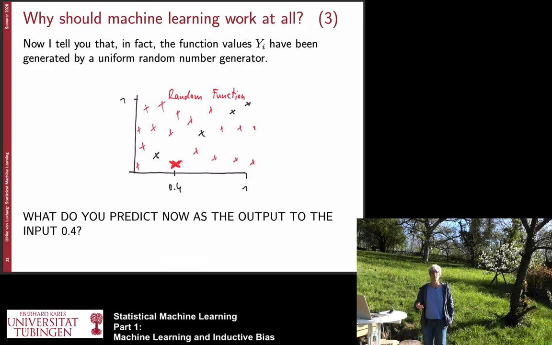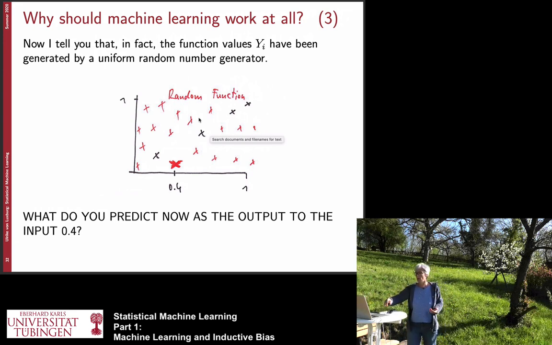So here's one more aspect. Now assume that I tell you that the function values have been generated randomly. And if I keep on generating data, these are simply random points in the unit square. So uniformly distributed. All these data points are, so you now see we've been drawing many more points, the red points. And now you can't see any pattern anymore.